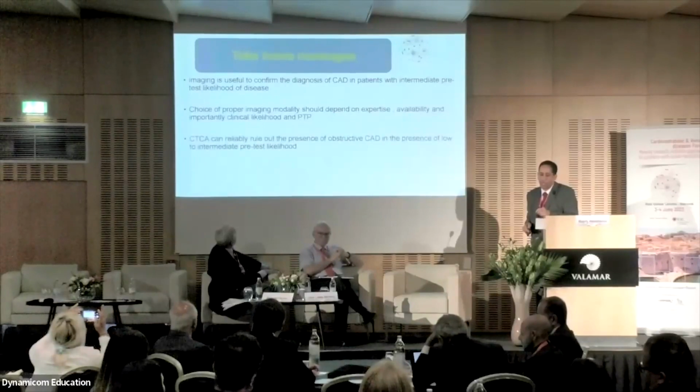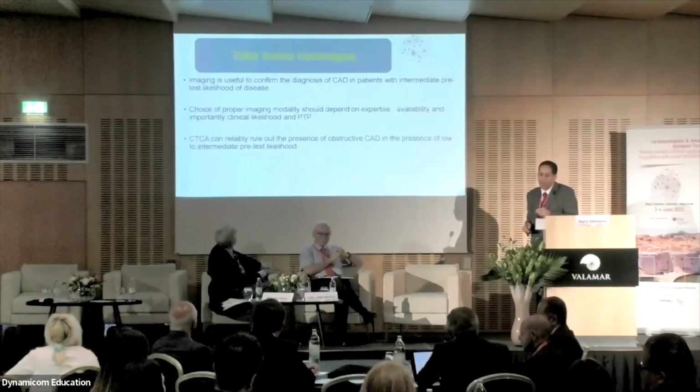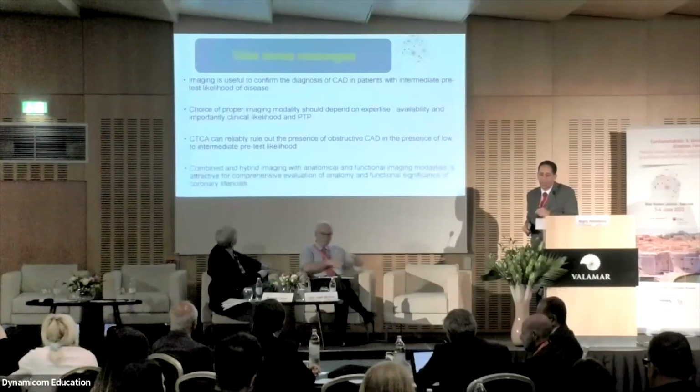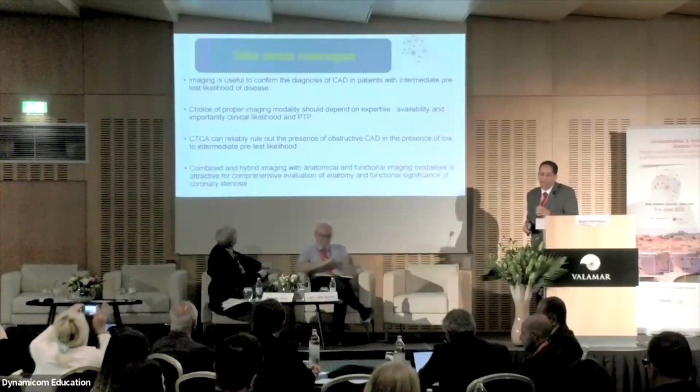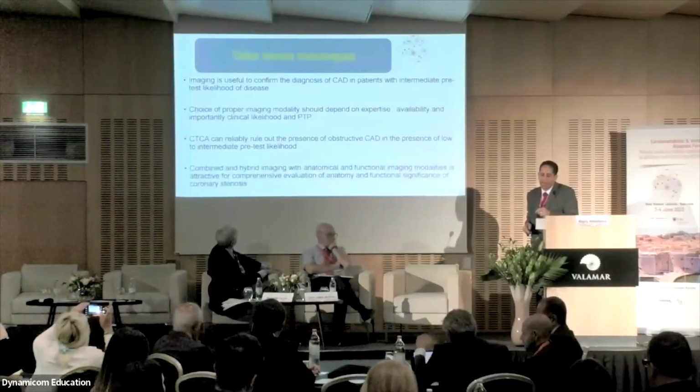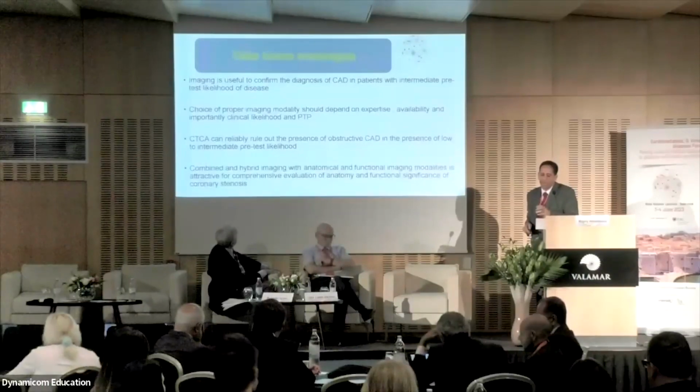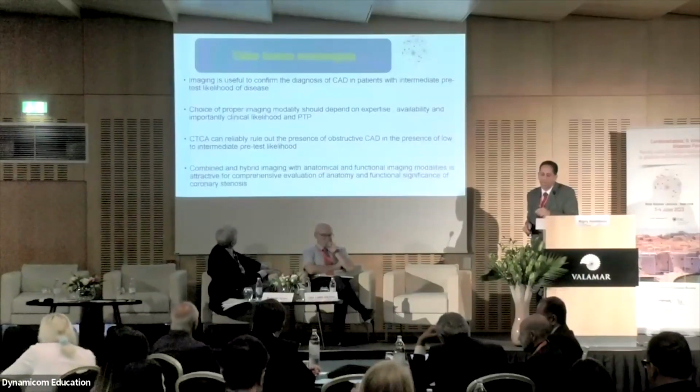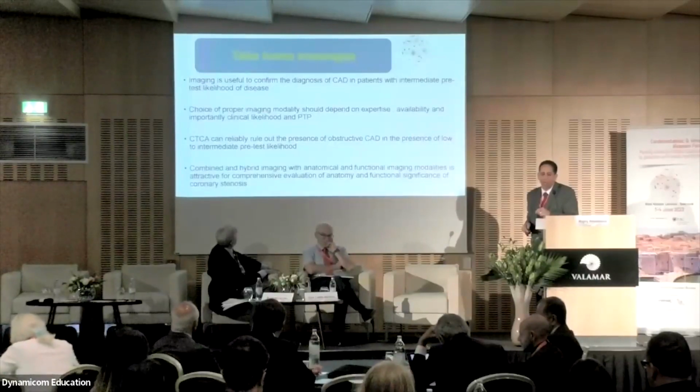CT coronary angiography can reliably rule out the presence of obstructive coronary artery disease in the presence of low to intermediate pretest likelihood, and the hybrid imaging with anatomical and functional imaging modalities is attractive for comprehensive evaluation of anatomy and the functional significance of coronary stenosis.